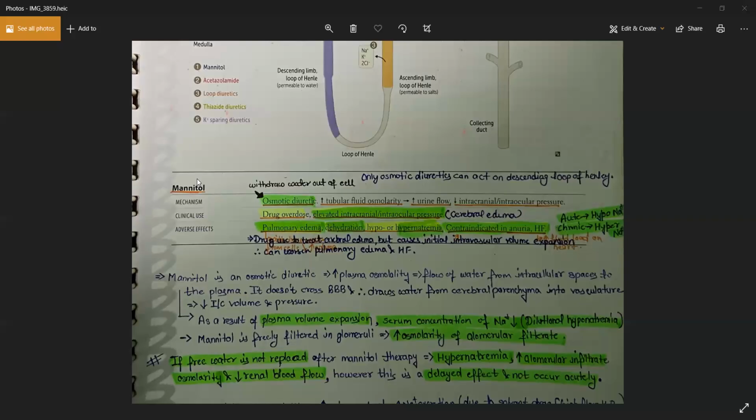Now, you can also have osmotic diuresis in diabetes, remember? So both with mannitol and in hyperglycemia, you can have an osmotic diuresis. In both cases you ultimately have hypovolemia and an increase in the BUN levels.